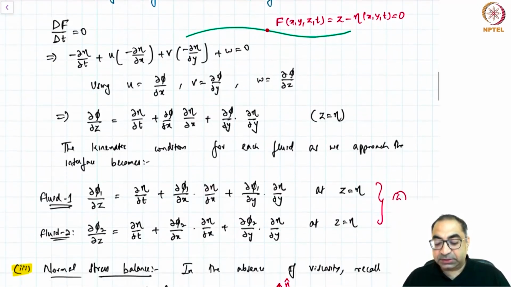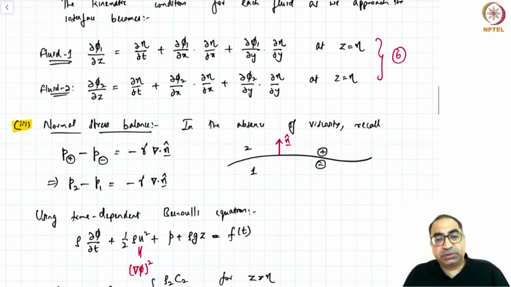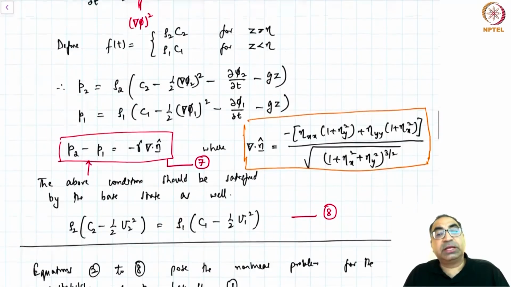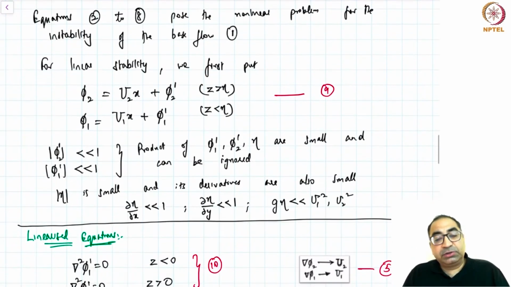Now, we first wrote down the governing equations using the velocity potential. The key governing equation is the Laplacian of the velocity potential. We also use the unsteady Bernoulli equation to get the expression for the pressure, and finally we wrote down the normal stress balance boundary condition.